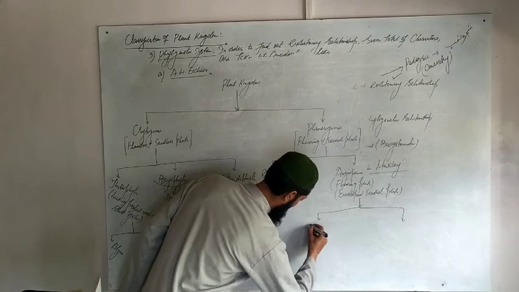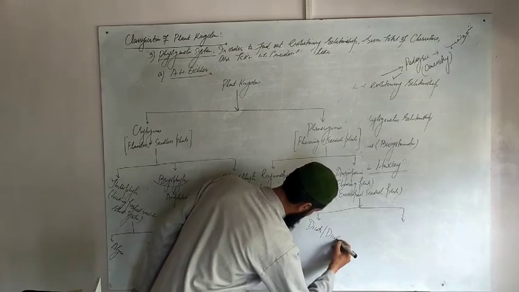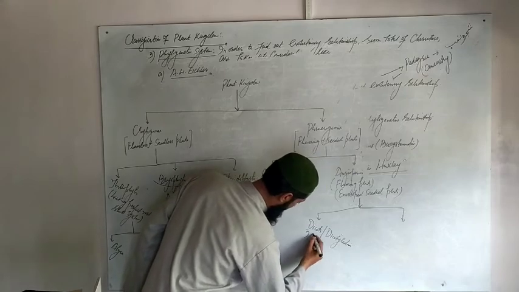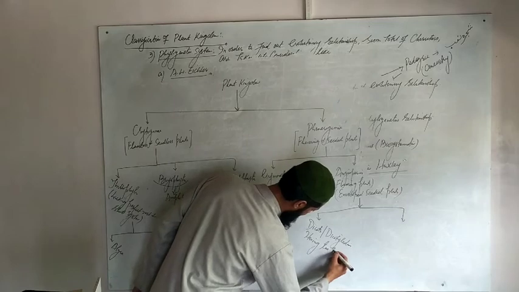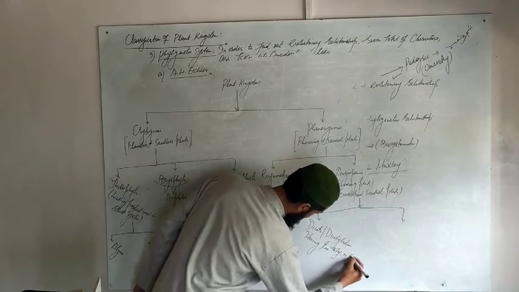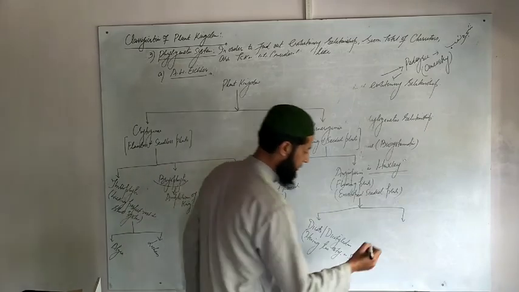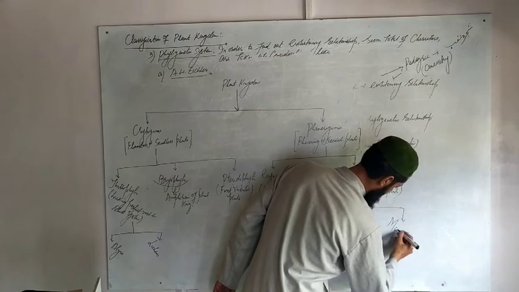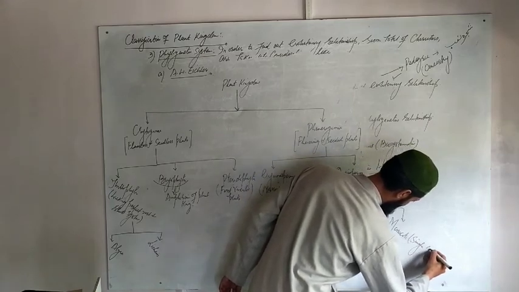One is dicots or dicotyledons, having two cotyledons in seeds. And last one is monocots, having single cotyledon.